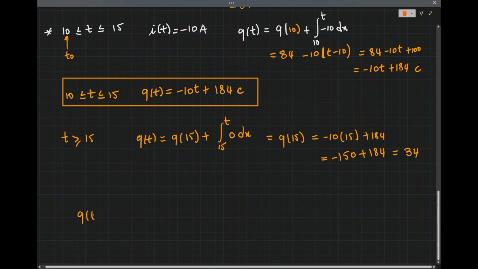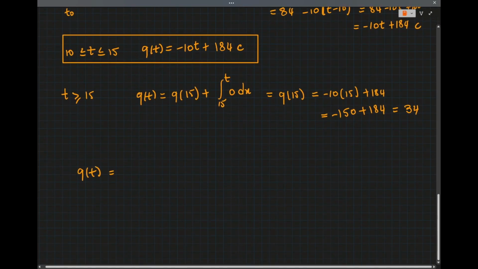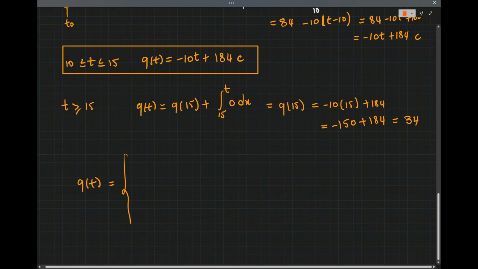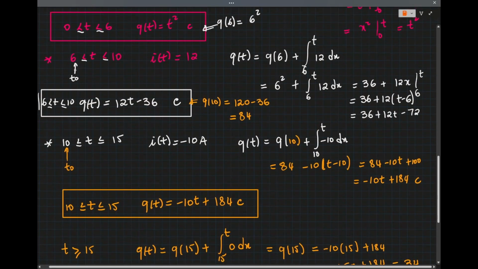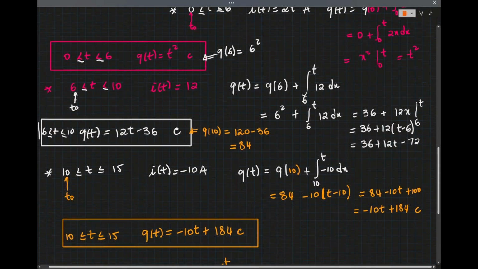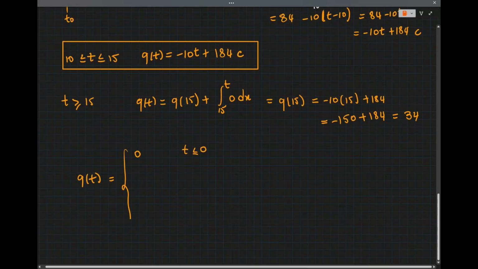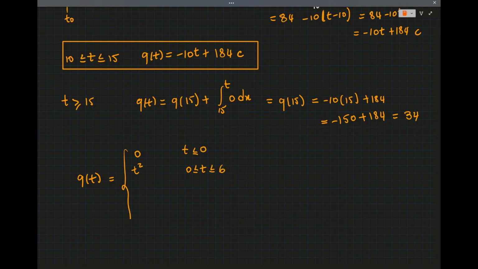So then let's put it all together. Q of t is equal to 0 for t less than 0. And then the first one from 0 to 6 is t squared, for 0 less than or equal to t less than or equal to 6.